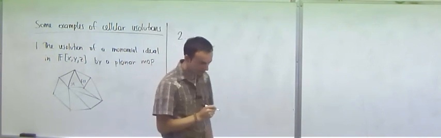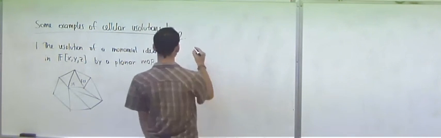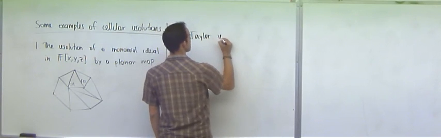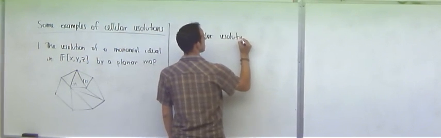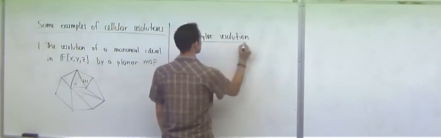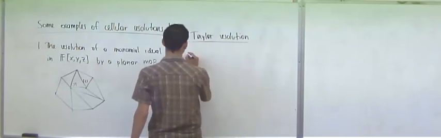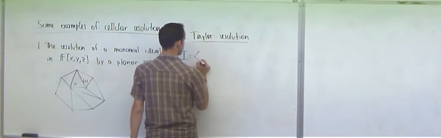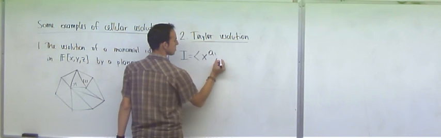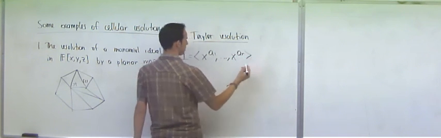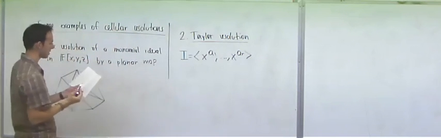So here's the second example, and it's something that we call the Taylor resolution. It goes like this. Let's say that you have any monomial ideal, let's say it looks like this.